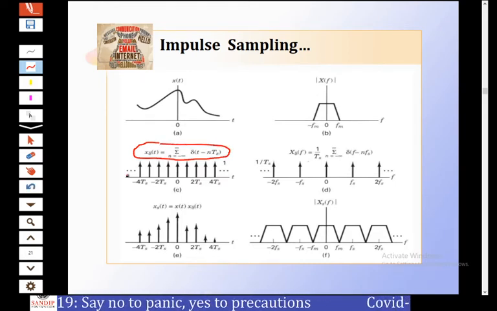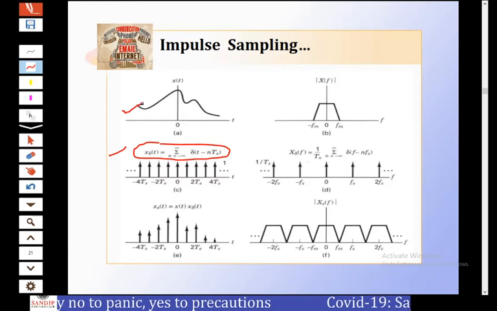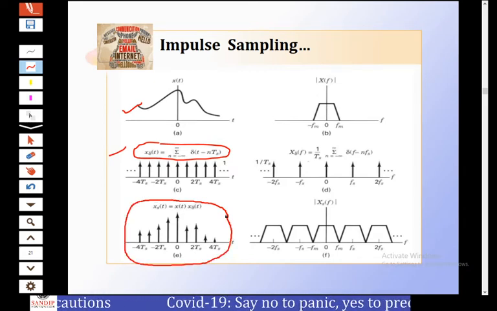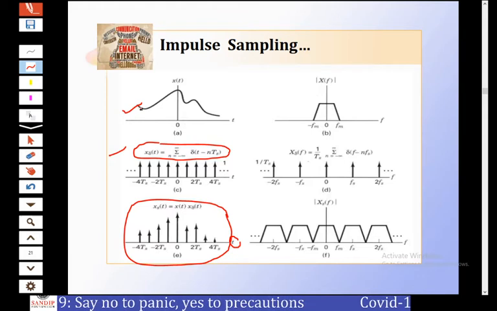Now these signals are multiplied together sample by sample. The resultant is a sampled signal like this in the time domain, because on the x-axis time t is there. Each sample multiplied with the impulse follows the amplitude of the message signal.